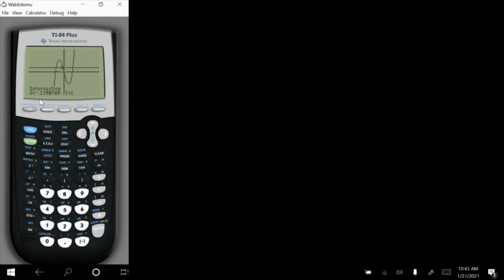All right. Let me have you guys go ahead and find the third and final point of intersection. Okay, so start with second trace and then go from there.